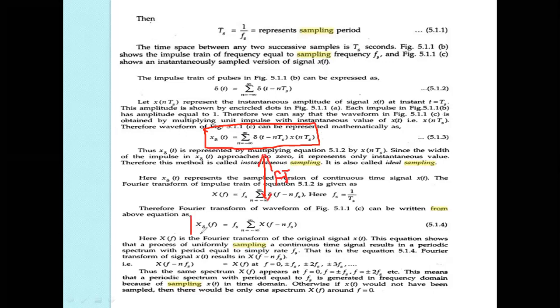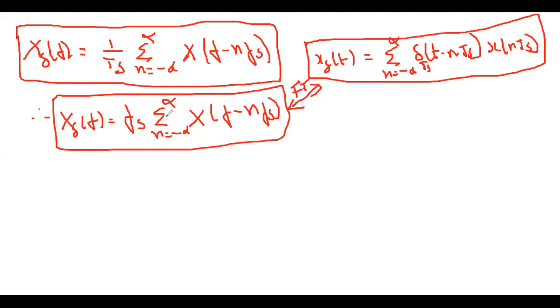We got X delta of f is equal to fs into the sum of n from minus infinity to infinity of X of f minus n into fs. Okay, the same equation we got that we derived: X delta of f is equal to fs times the sum of n from minus infinity to infinity of X of f minus n into fs. Got it, my dear students?